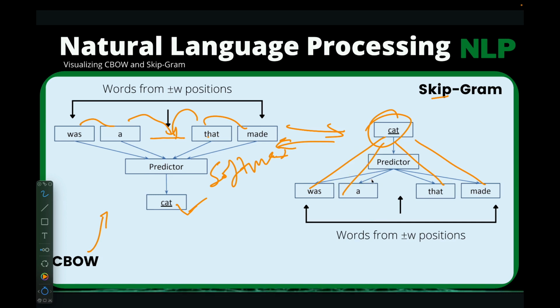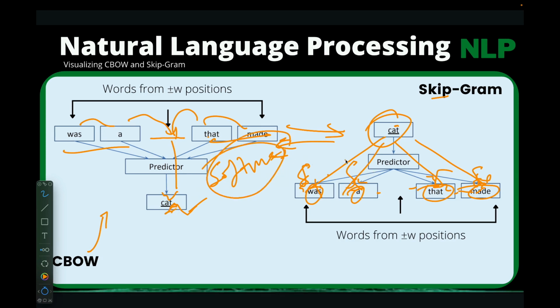For Skip-Gram we will have several softmax units: softmax 1, softmax 2, softmax 3, softmax 4, and each of these is going to predict its respective word. Whereas for CBOW, we have the surrounding words and predict the focus word with just one softmax.